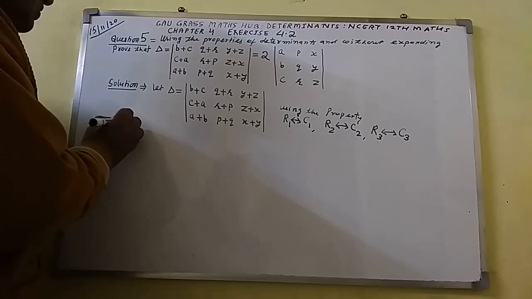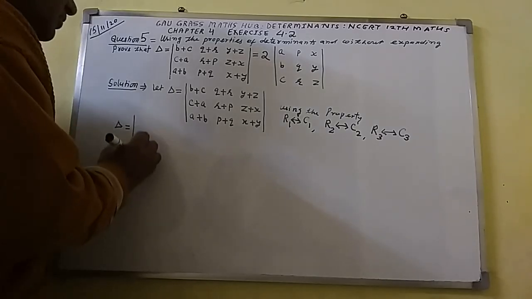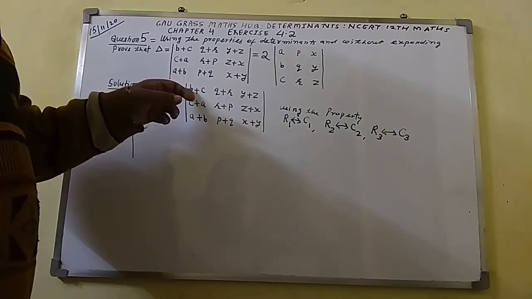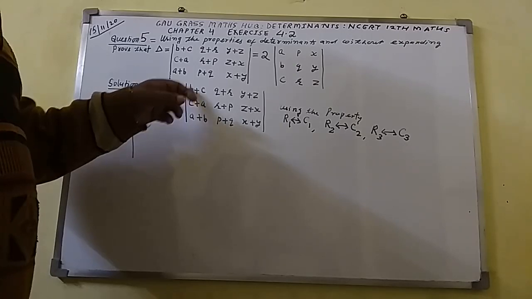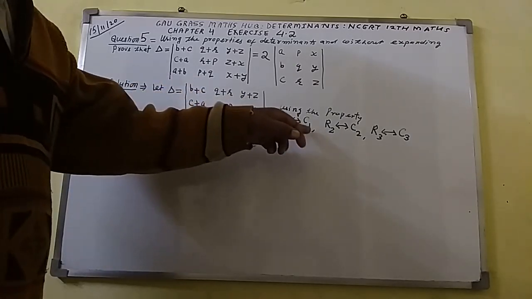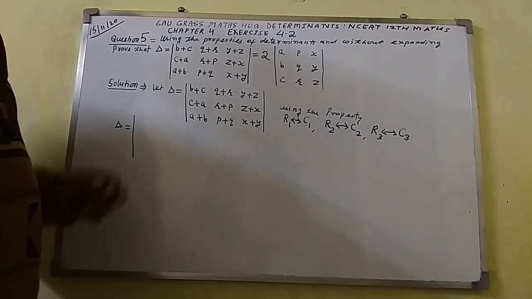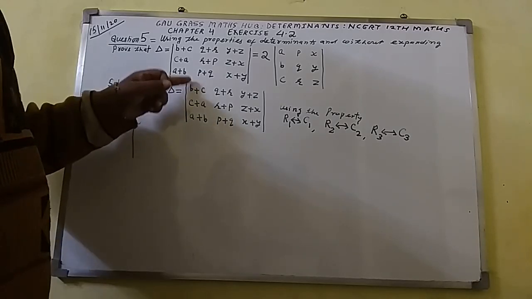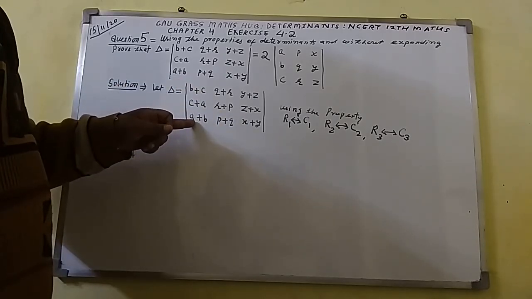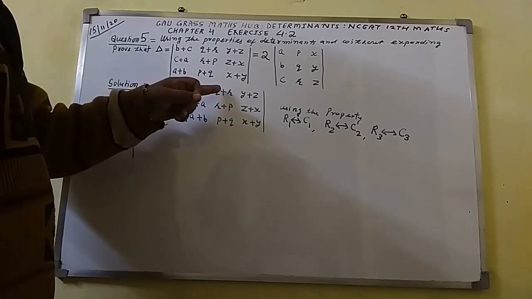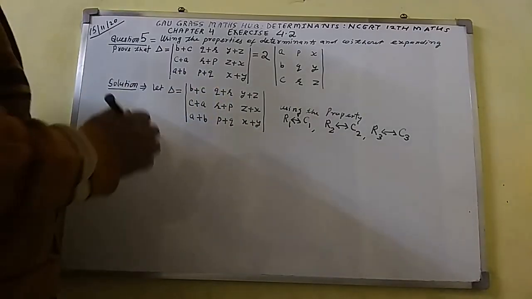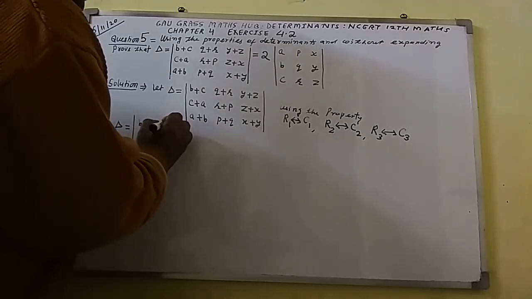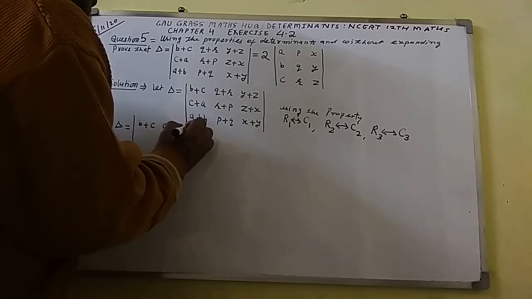So here I shall write delta equal to, here you can see this is R1. R1 interchange to C1. This means that in place of C1, R1 will come, and in place of R1, C1 will come. So here I shall write b plus c, c plus a, a plus b.